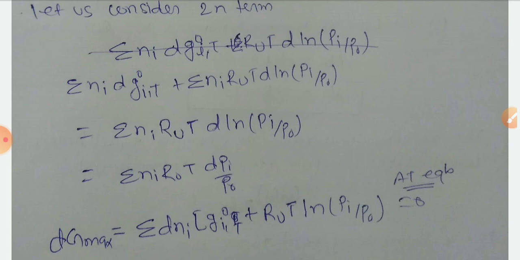So finally you can write the summation of the maximum Gibbs free energy equal to the summation of dNi into Gi naught at constant temperature plus Ru T ln Pi by P naught. This is our final equation at the equilibrium condition. So thank you.